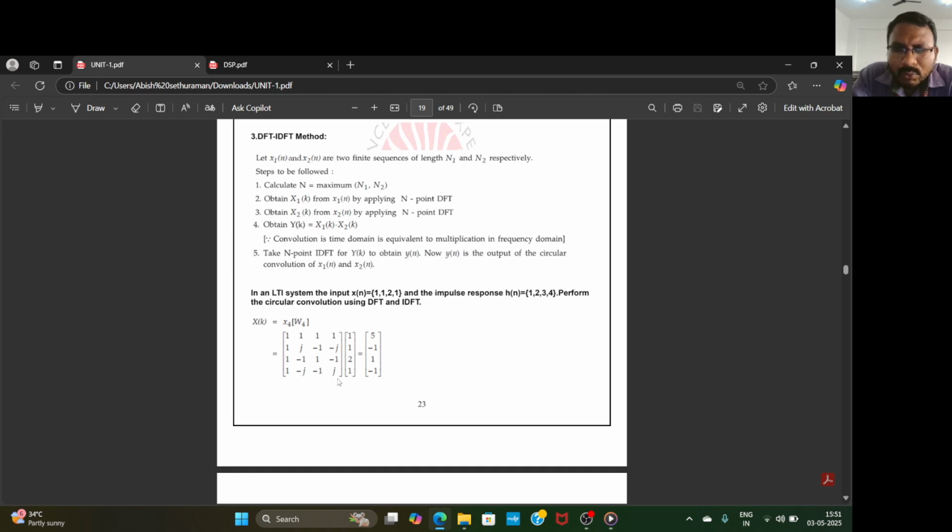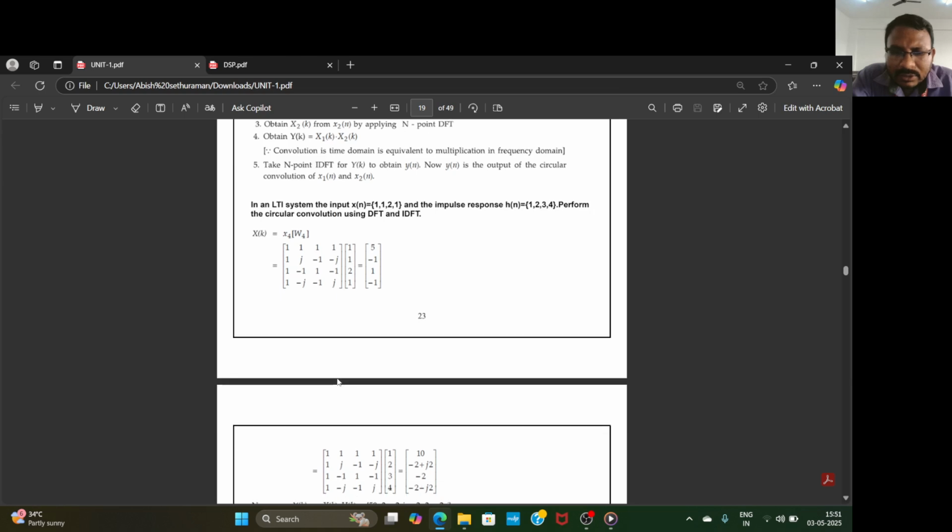Fourth step, obtain y of k, which is x1 of k times x2 of k. Fifth step, take N-point IDFT of y of k to obtain y of n. Now y of n is the output of the circular convolution of x1 of n and x2 of n.